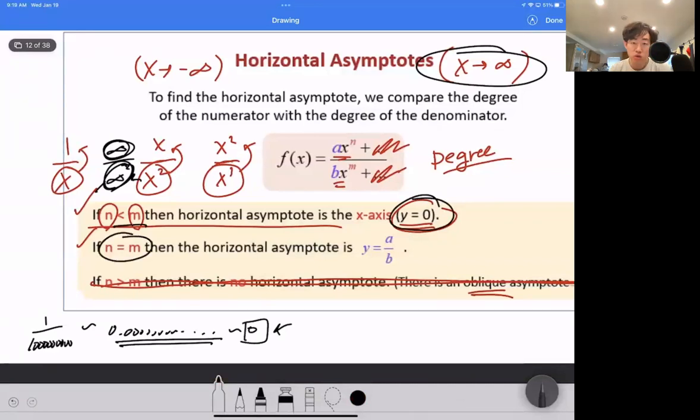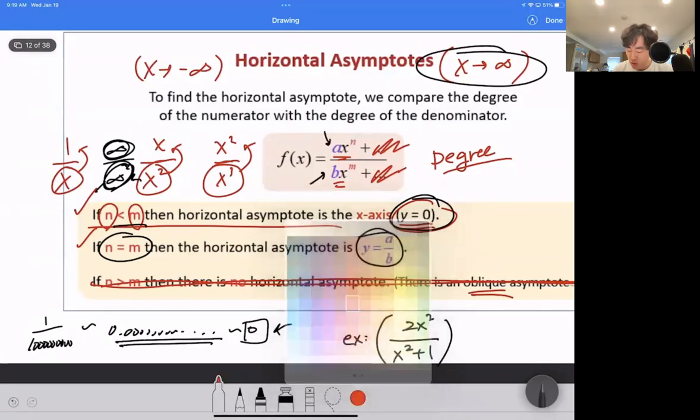When degrees are equal to each other, you simply take the ratio of the coefficients themselves. So for instance, let's say I give you 2x squared over x squared plus 1. This is just an example. Now the leading term of the numerator will be 2x squared, and the leading term of the denominator will be x squared. The plus 1, you don't even look at because it's not part of your leading term.